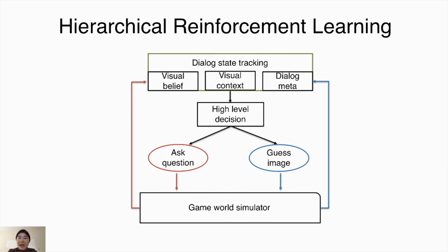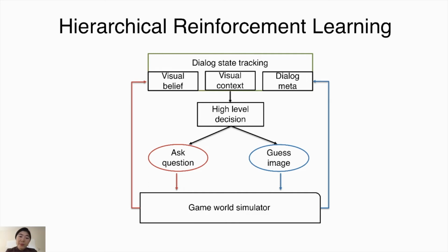But if you ask a question, you want to ask yourself which question to ask so that you gain more information to help you differentiate different images in the catalog. So you can really think of it as a hierarchical decision process. We also make the system incorporate that human decision intuition.